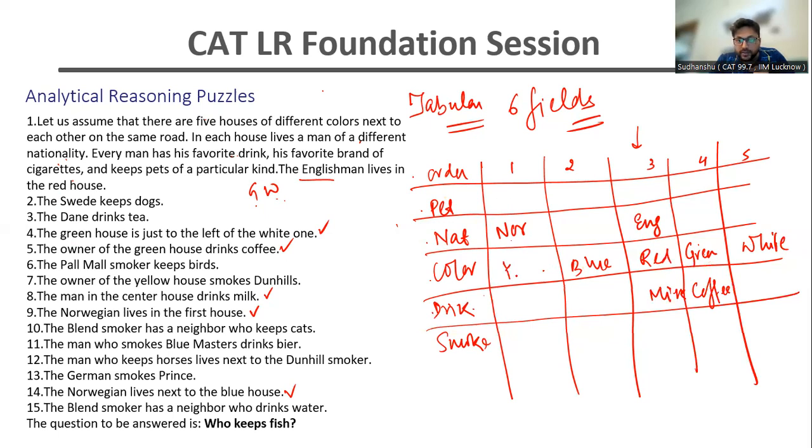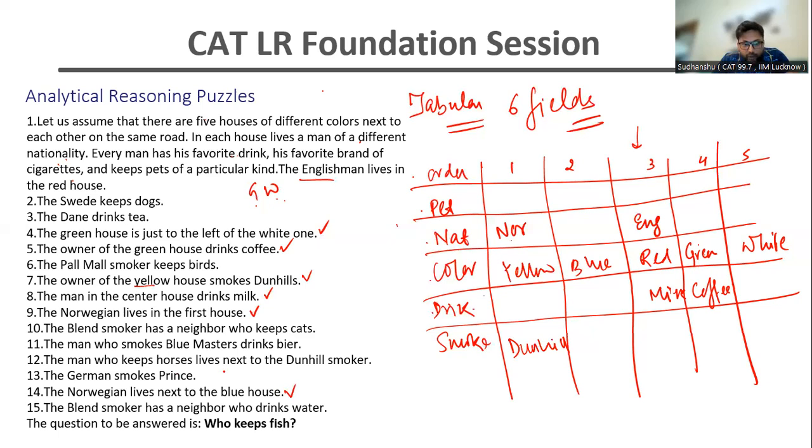So yellow should be here because I've seen yellow somewhere. Where is yellow? So the fifth color is yellow. The owner of the yellow house smokes Dunhills. Wow, another free gift. So let me place Dunhill here. Anything related to Dunhill? Let us see.